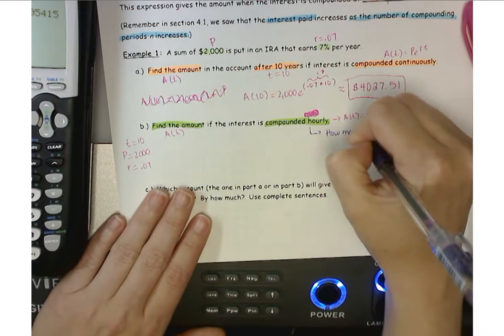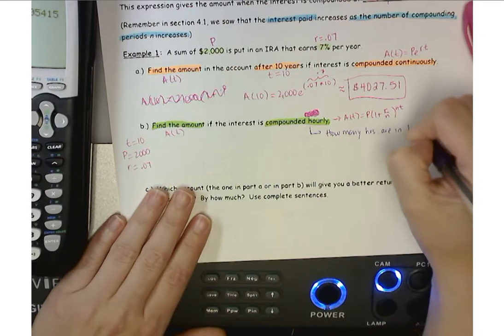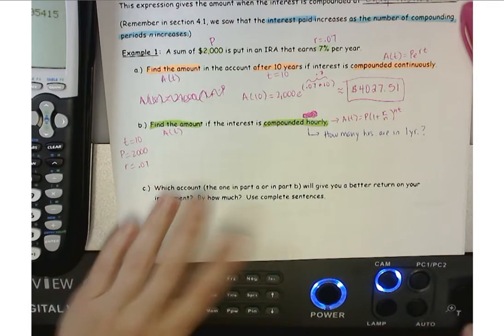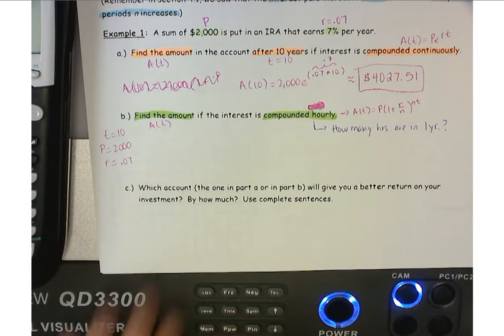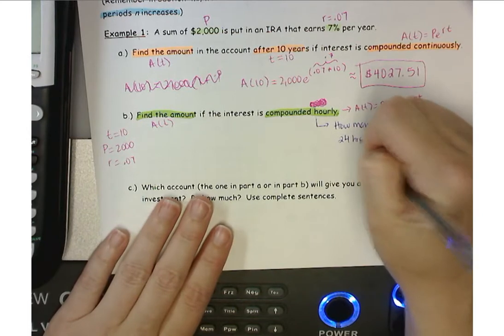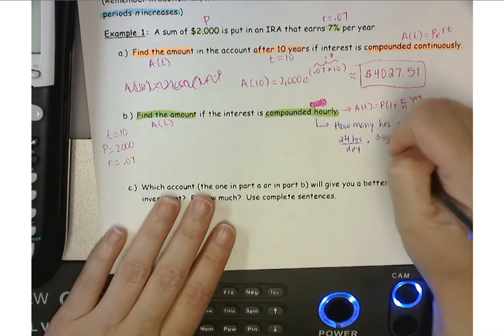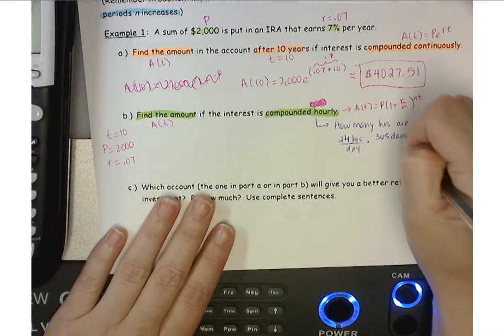How many hours are in 1 year? All right, how can I find that? Days of the year. So, yes, well, start with something that you know the hours in. You know how many hours are in a day, right? So 24 hours in a day, and then how many days are in a year? 365 days in a year.